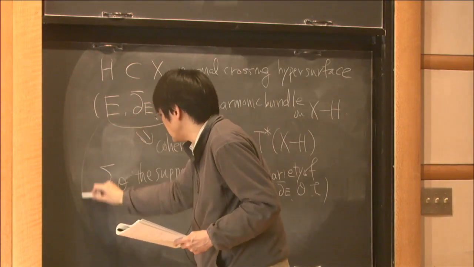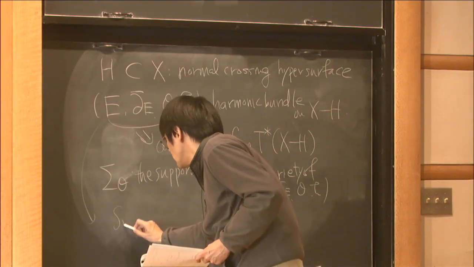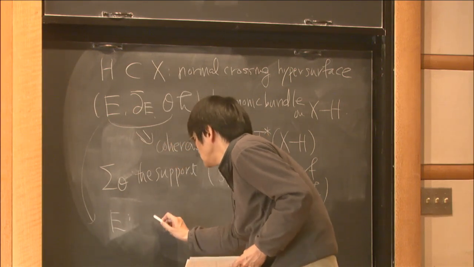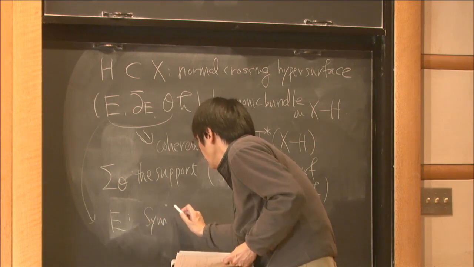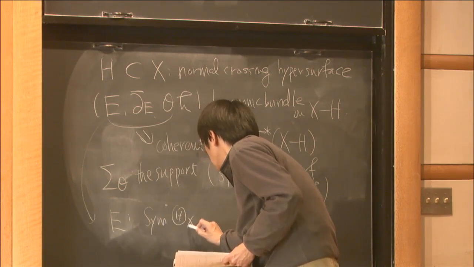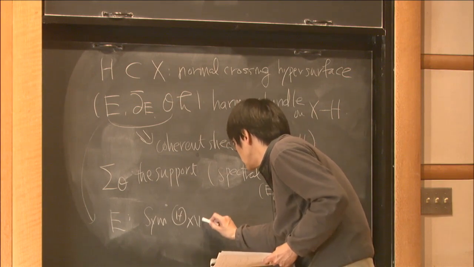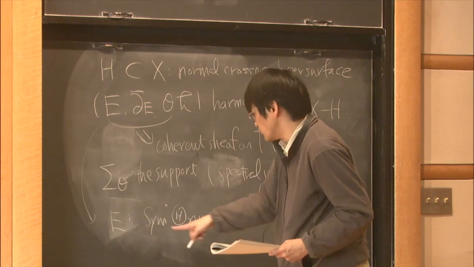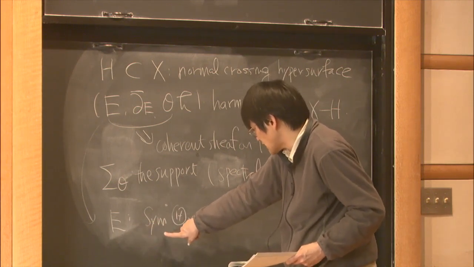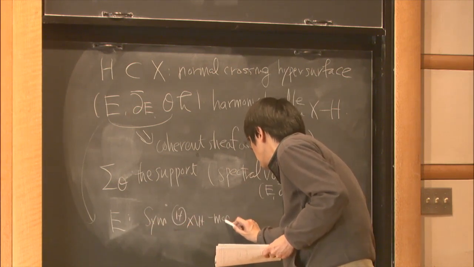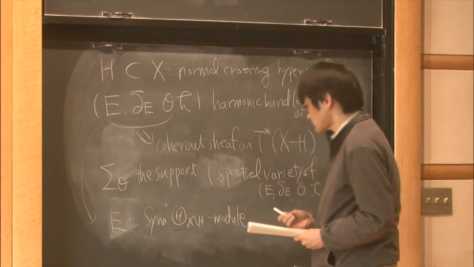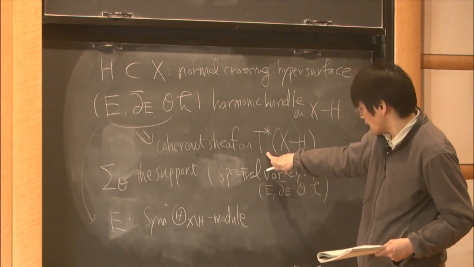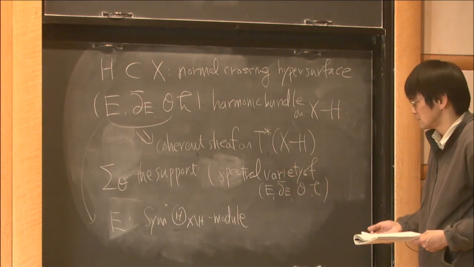A Higgs bundle gives that E is naturally a module over the symmetric product of the tangent sheaf of X minus D. So this gives a coherent sheaf on the cotangent bundle of X minus D.